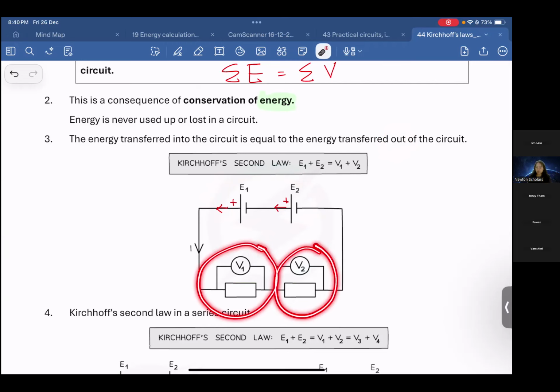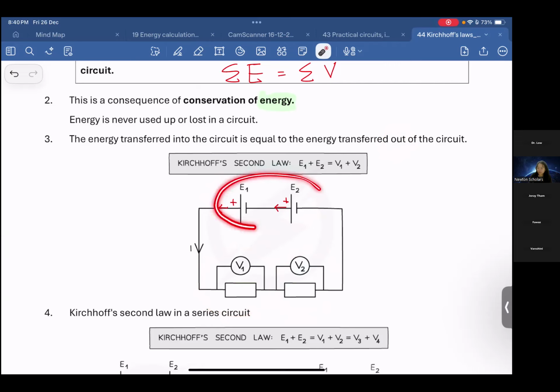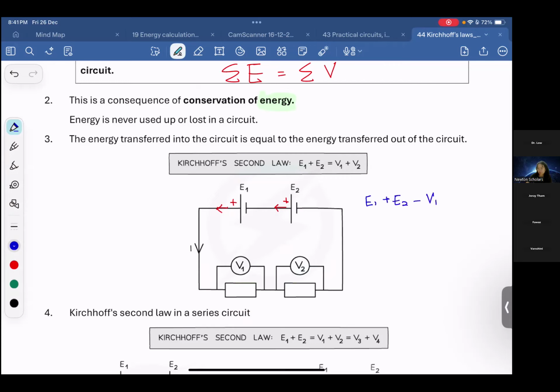So in is the battery EMF, out is the components. Sometimes in MCQs, they don't give you the direct answer. They might give you E1 plus E2 minus V1 minus V2 equals 0. Actually, it's the same thing. So this one is provided.